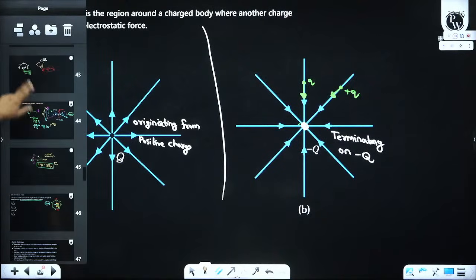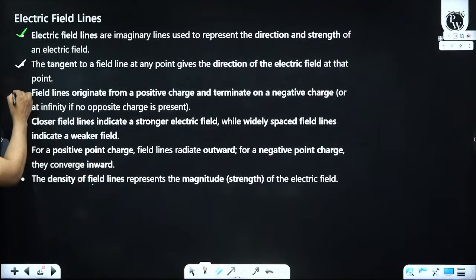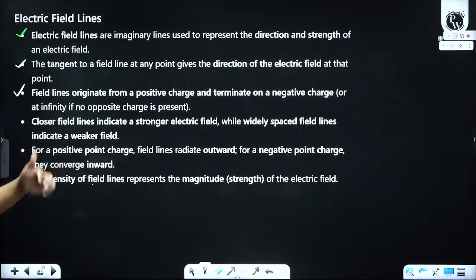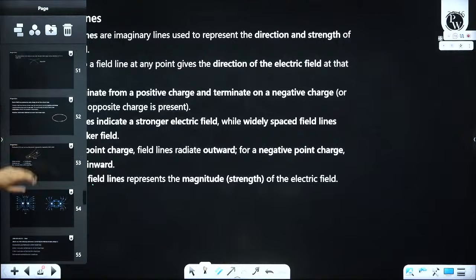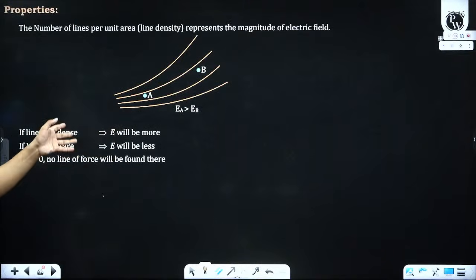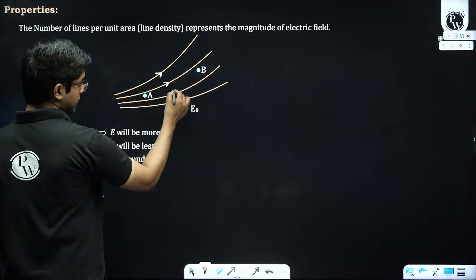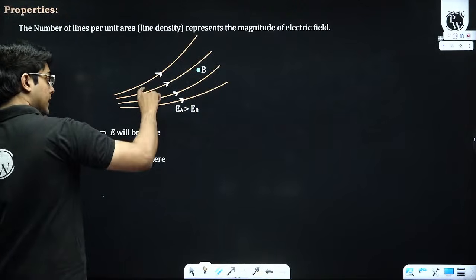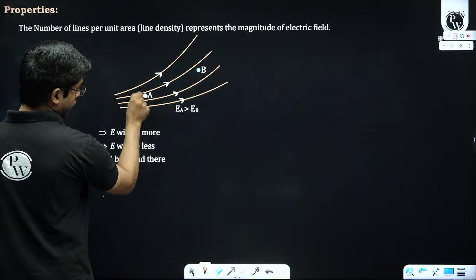We will see another field line pattern after some time, and there also we will see this fact. Then, closer field lines indicate a stronger electric field, while widely spaced field lines indicate a weaker field. This example tells us about that fact. Here we have field lines that move like this. Close to A, the field lines are crowded together.